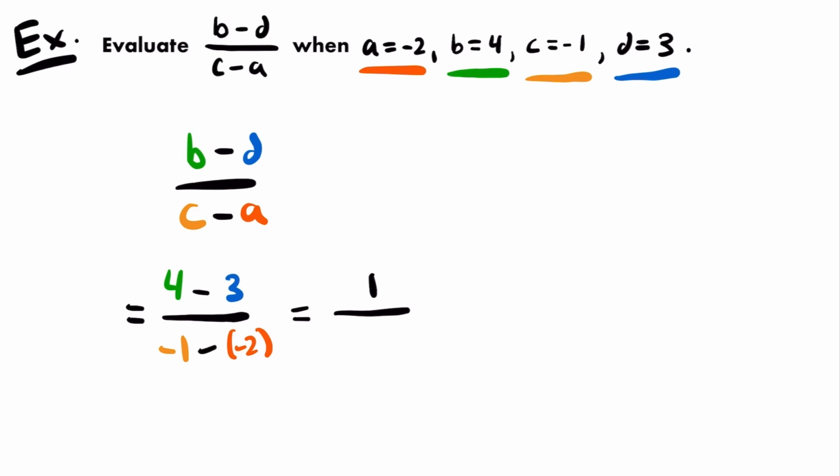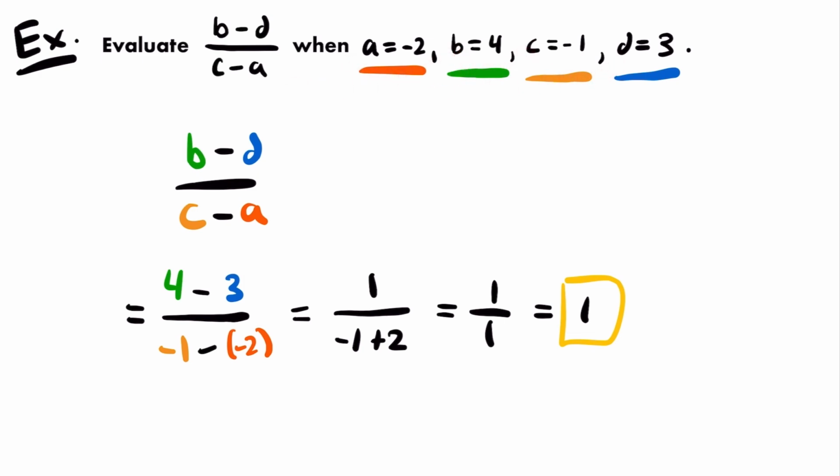So really what we have in the bottom of this fraction, or the denominator, is -1 plus 2. So I'll write that down here, -1 plus 2, and -1 plus 2 is positive 1. So this is equal to 1 divided by 1, and 1 divided by itself is equal to 1. All right, so a pretty nice result. That is the value of this variable expression when these are the values of a, b, c, and d.